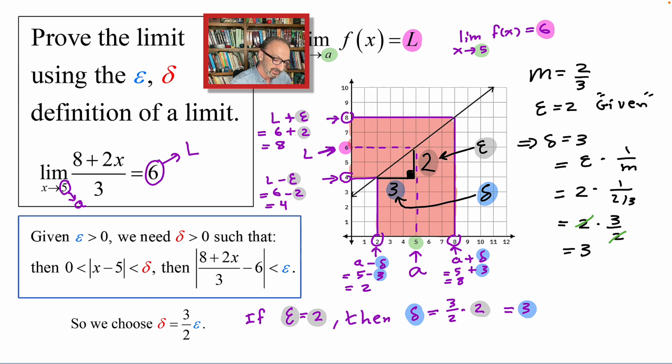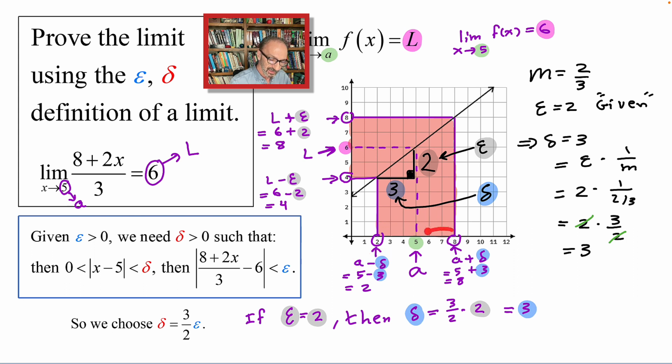So 2 is convenient. But from the graph, you could see that having an interval here with a radius of 2 centered at 6, because that's my 6 plus 2, and that's 6 minus 2, or 6 plus epsilon and 6 minus epsilon. Using the color shaded, you could see that if I go back, meet the graph, and go down, I see my interval down below. But the interval down below is actually describing A plus delta and A minus delta.